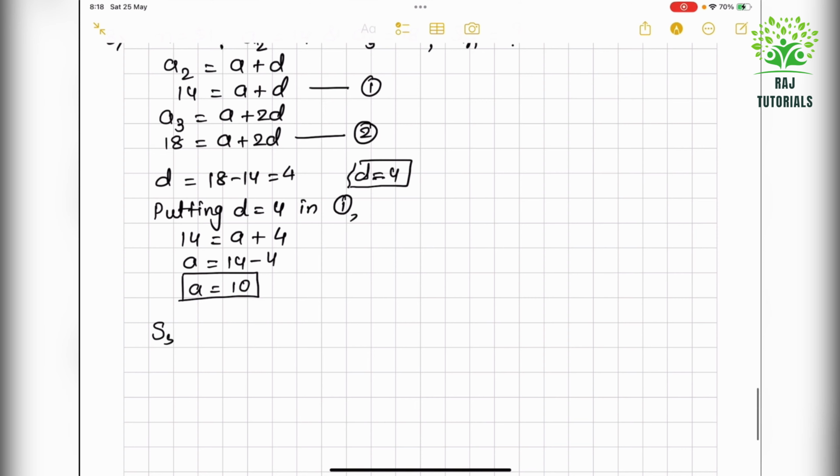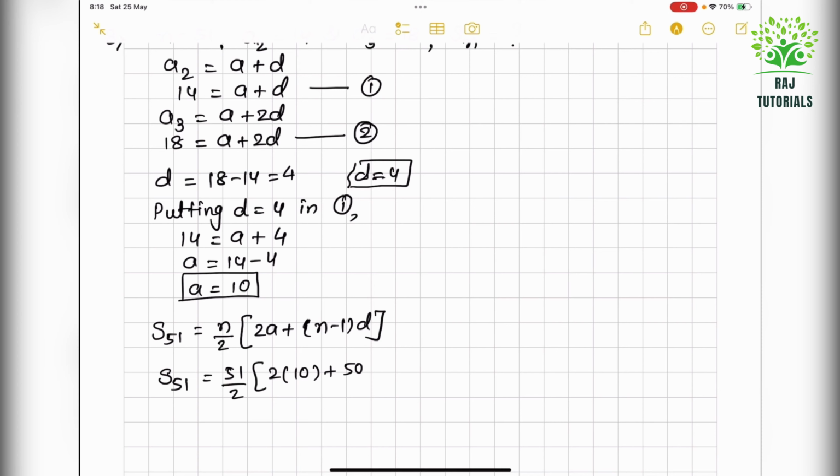So S51 equal to n by 2 into (2a plus (n minus 1)d). So S51 equal to 51 by 2 into (2 into 10 plus 50 into d). d is 4.